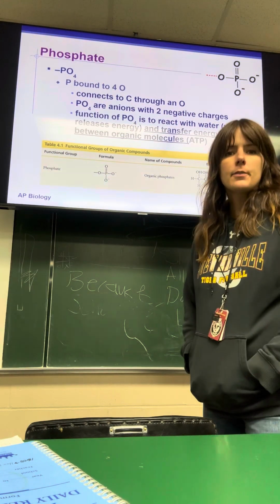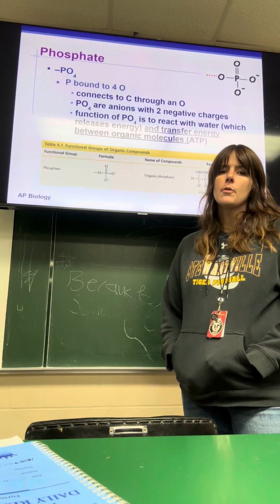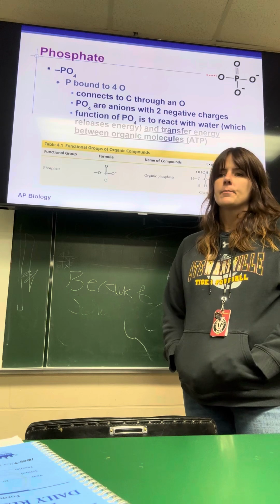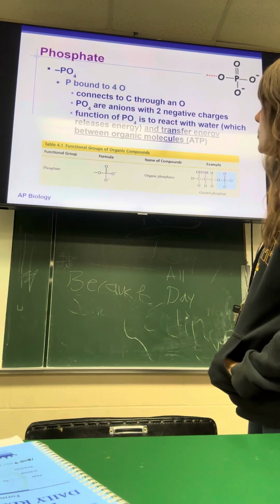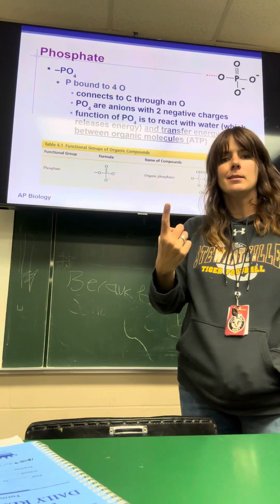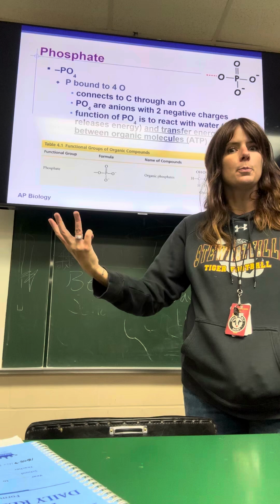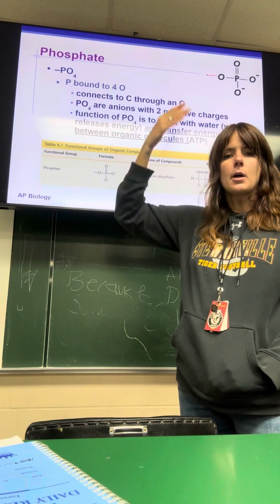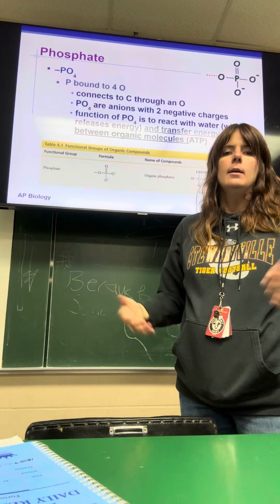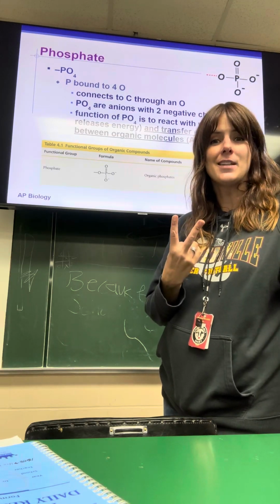Okay, and then we have phosphates, a phosphate with 4 oxygens around it. Think of ATP. ATP, triphosphate, has 3 phosphate groups on the end; cut off 1, and we get energy. So we have ADP, diphosphate, 2 phosphates.